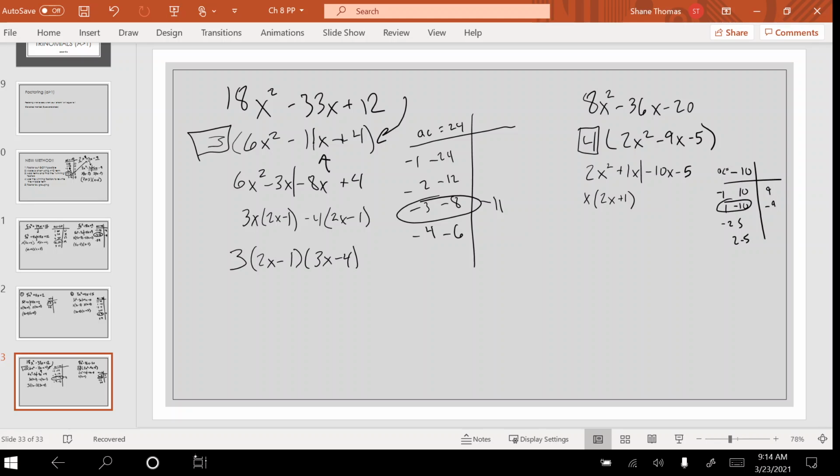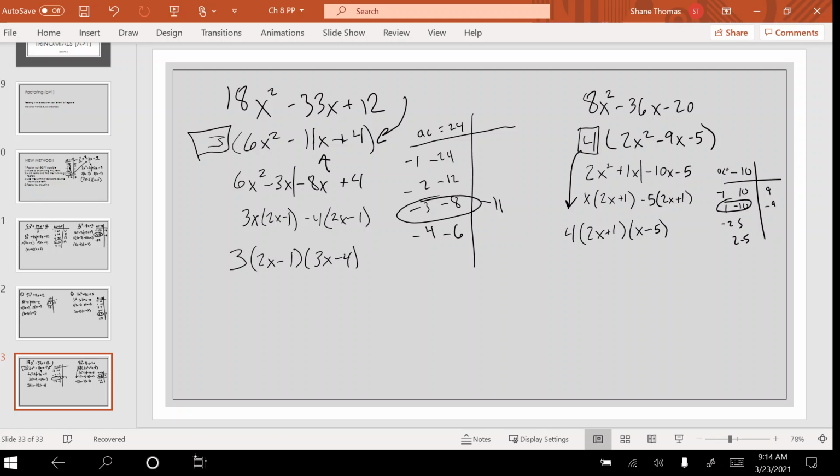What can I bring out on the right side? Negative 5. Leaving me with 2x plus 1. Okay? My shared is 2x plus 1. My leftovers, x minus 5. What's the last thing I need? I need the 4 out front. Bingo. Done.